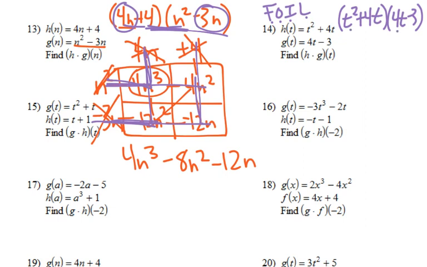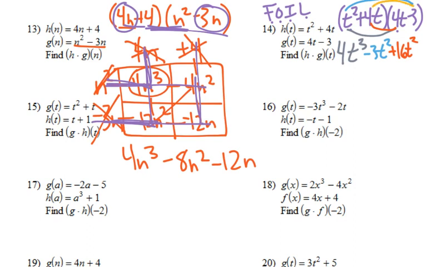So we go t squared times 4t to get 4t cubed, plus t squared times negative 3, negative 3t squared. Then 4t times 4t, so plus 16t squared.